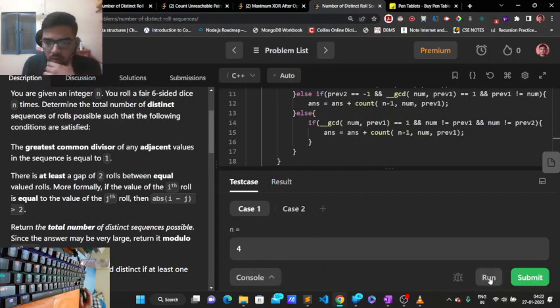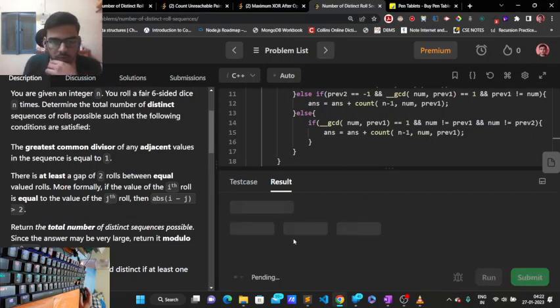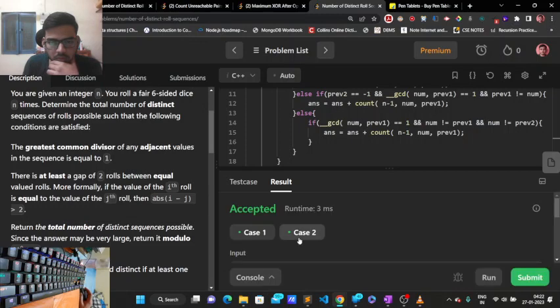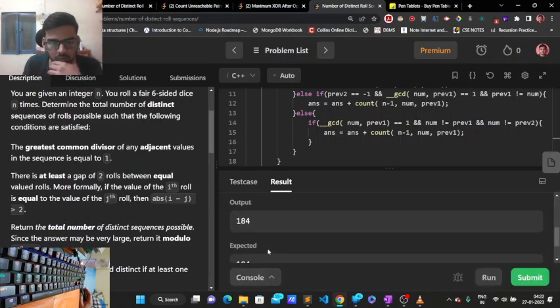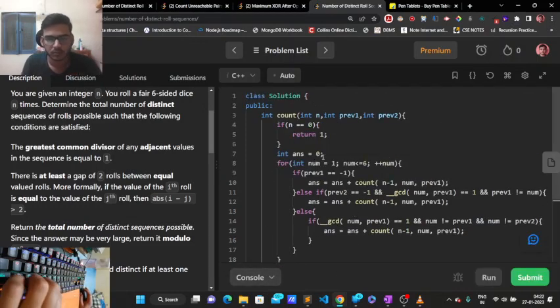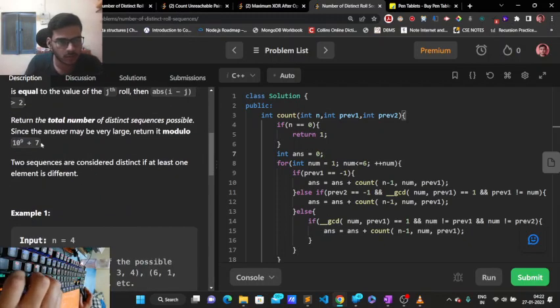Let's run the example test cases. We also have to take the mod with 10 to the power 9 plus 7.